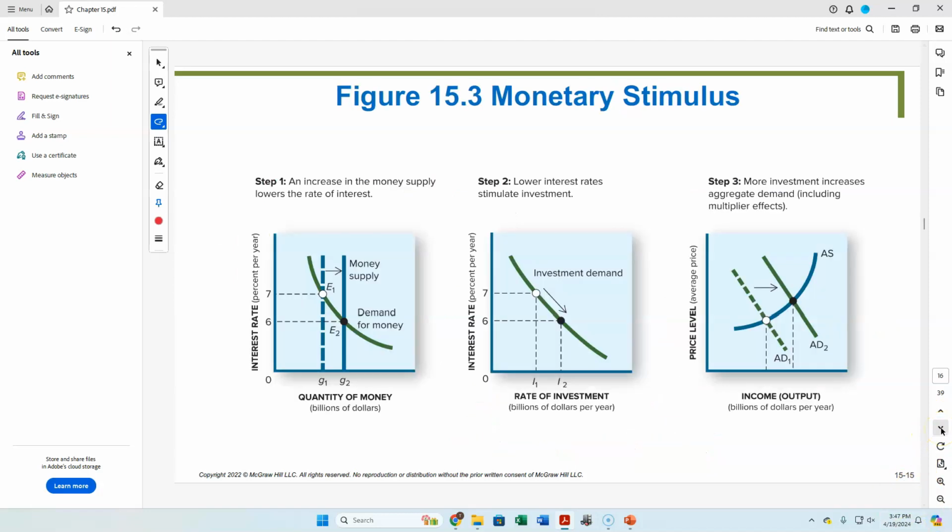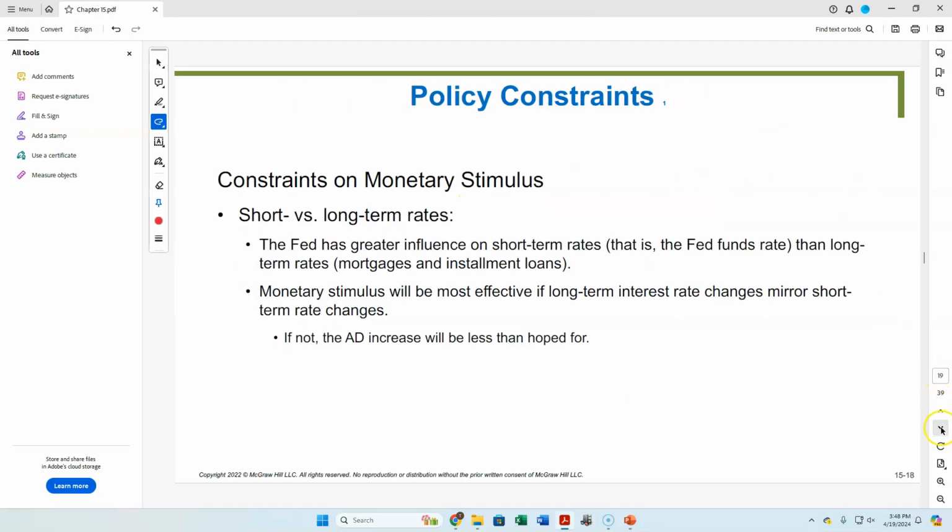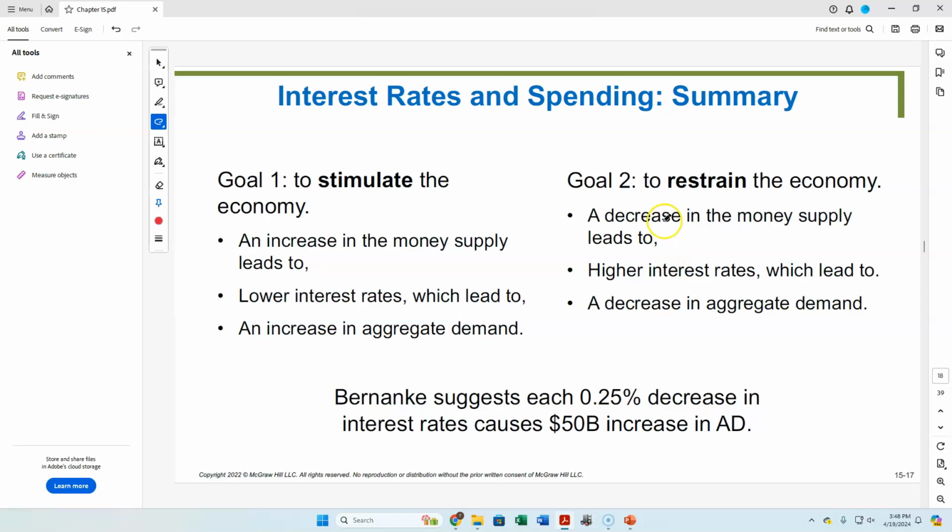And that's what you see very nicely written out in this slide here. And here, our monetary restraint, same thing. And you had your summary right here.